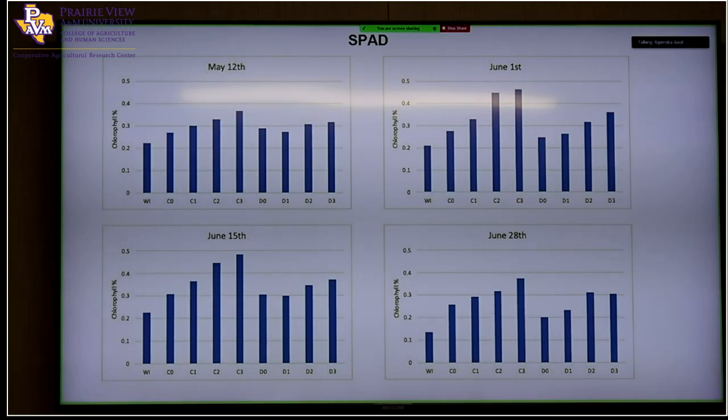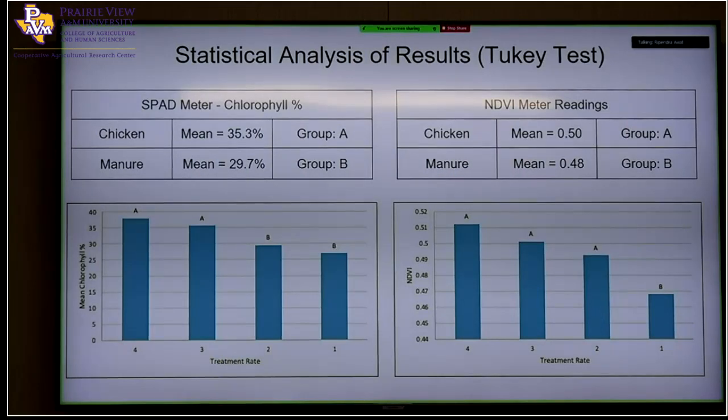And so one thing that we did beyond this was to look at the statistical significance of the chlorophyll and the NDVI readings with respect to changing the manure type and the treatment rate. And so this was presented earlier, the Tukey test, which is done after an analysis of variance, an ANOVA test, which will compare your dependent variables such as the chlorophyll percentage or the NDVI reading versus a couple other variables such as, for example, using either chicken or manure and the 4 types of rates that Prairie View used.